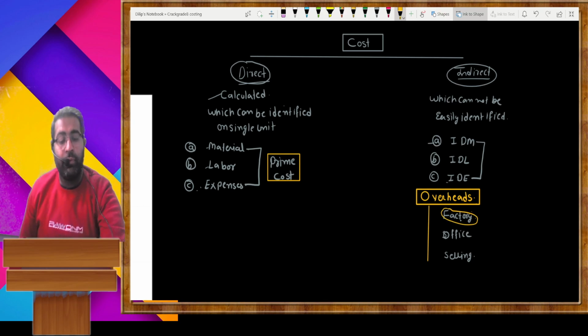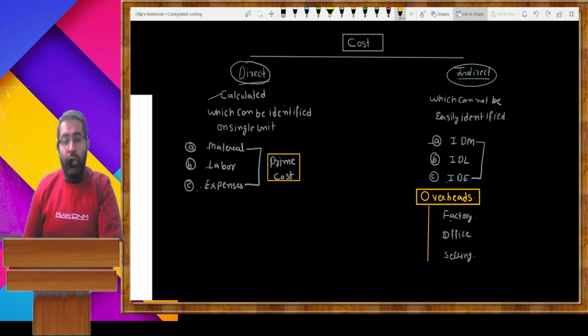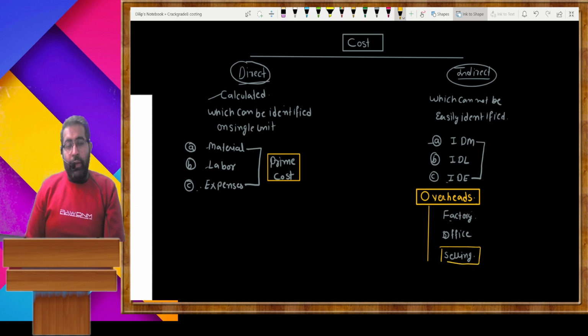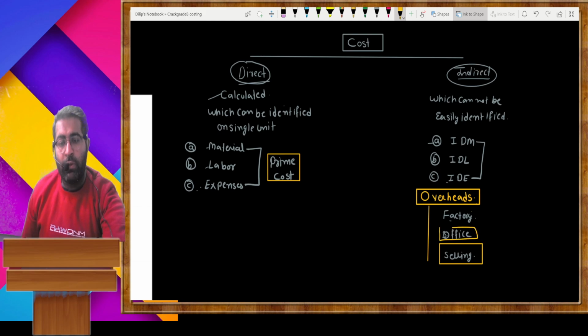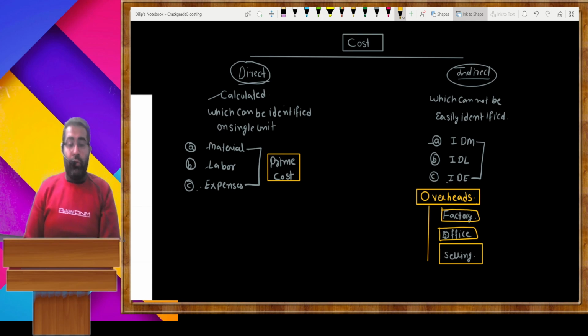Factory overhead, selling, office, and the factory.